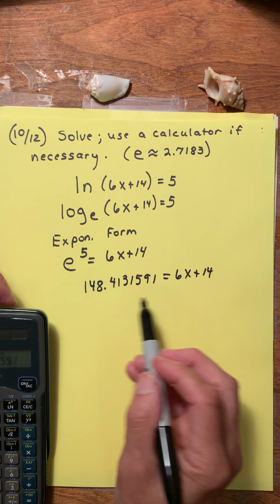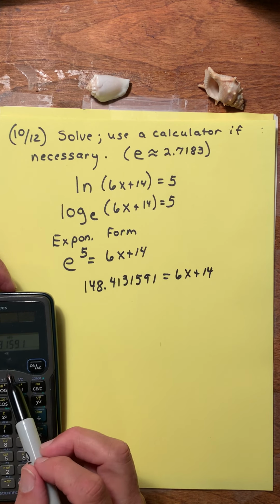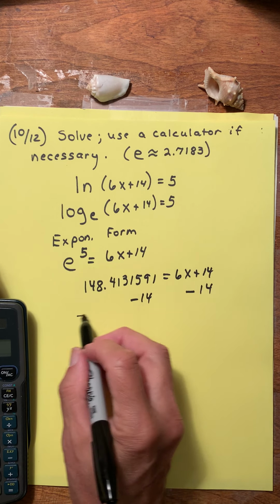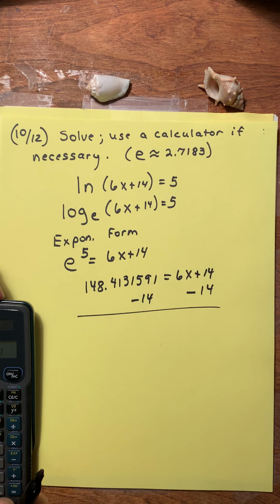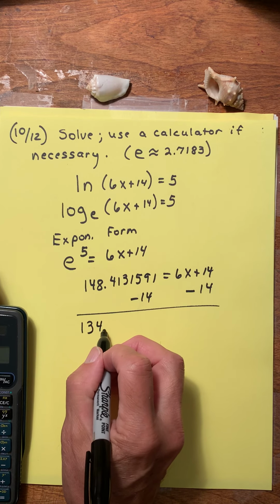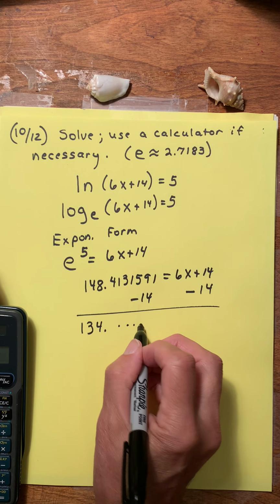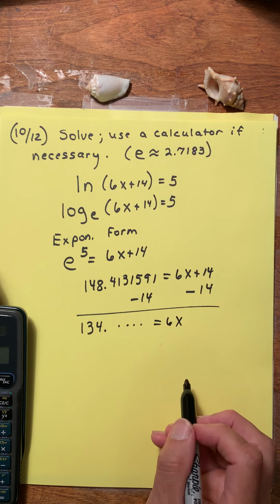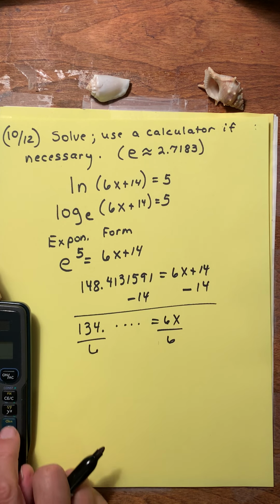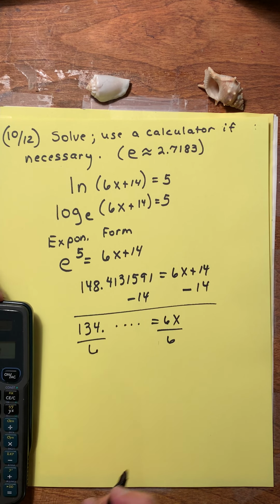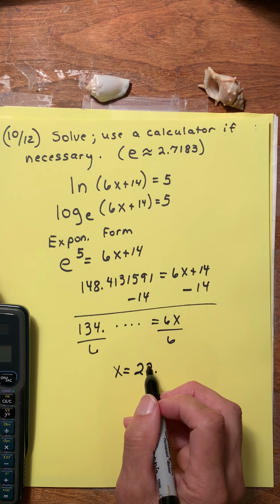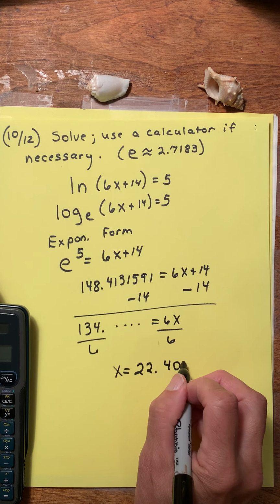Now I don't have to write this down. I can simply use my calculator, because now I'm going to subtract 14 from both sides. Minus 14 equals, and I get 134 point, same thing. Now I'm going to divide both sides by 6. Divide 6 equals, and I get x is 22.402.